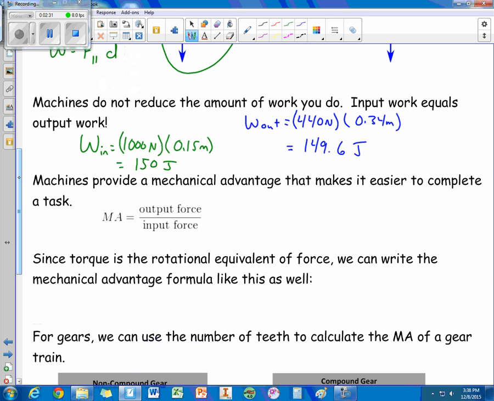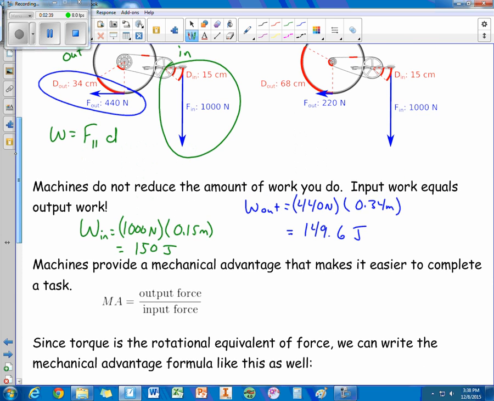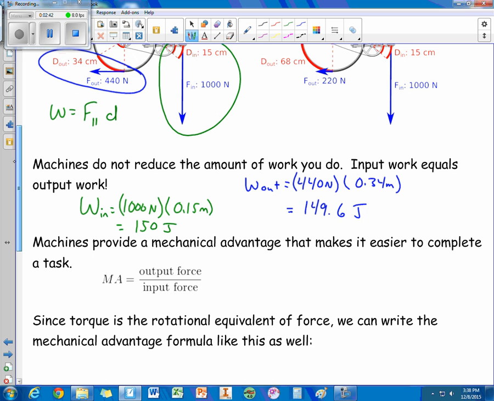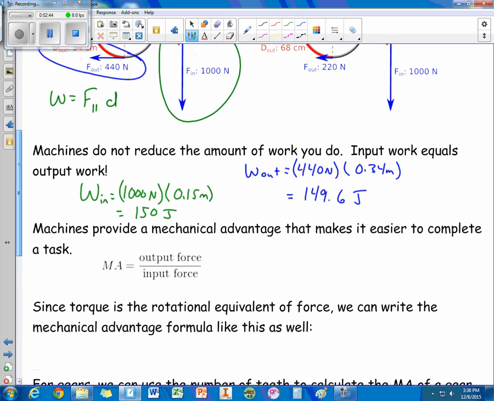Now, for mechanical advantage, what we want to do is find the output force divided by the input force. So for our bike example up here, it would be 440 newtons divided by 1,000 newtons.